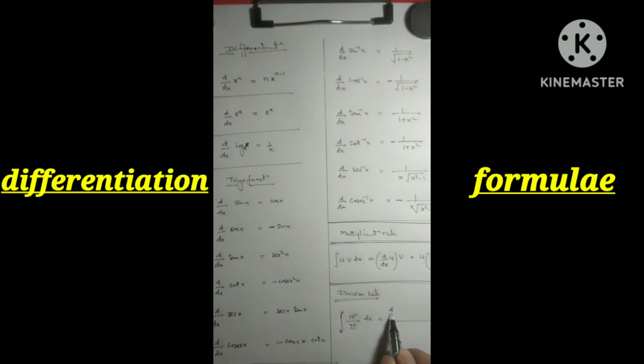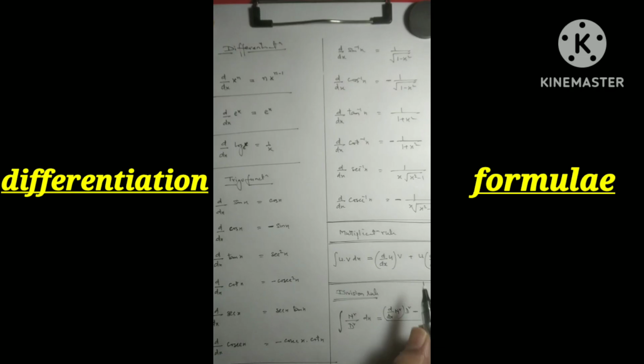First you differentiate numerator and denominator as it is, minus, remember this, there is positive in product rule, but in division rule this sign is negative. So right now numerator as it is and differentiation of denominator and denominator square. So this is the division rule, right?